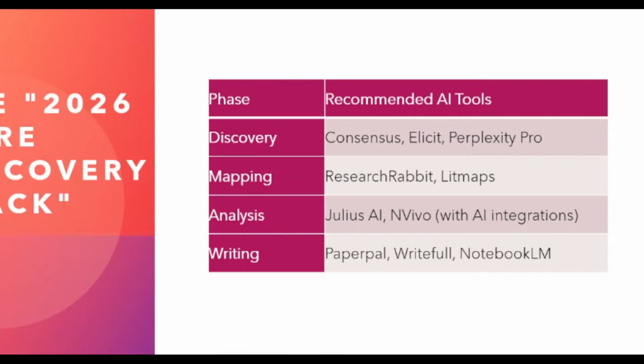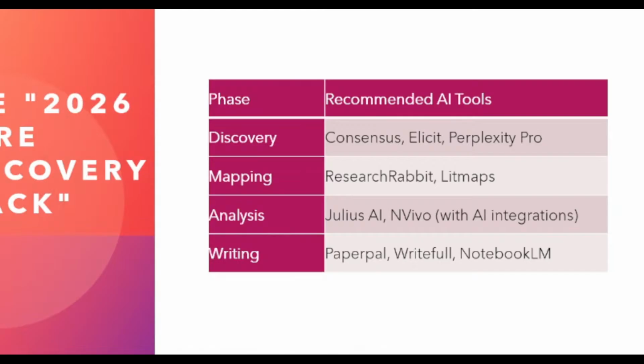Then mapping: Research Rabbit and Litmaps. These are the tools for mapping. And then for analysis, you have got Julius AI and NVivo. Julius AI for quantitative data analysis, NVivo for qualitative.